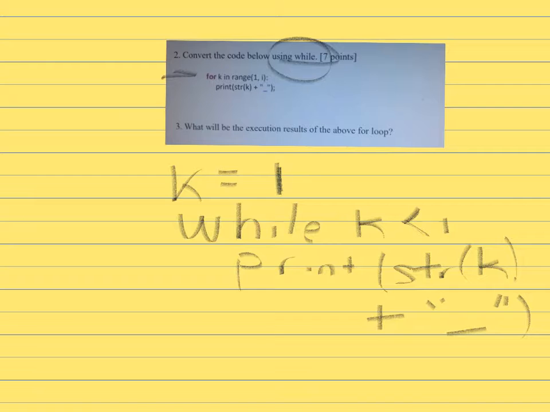So we'll say k equals k plus 1. And this while loop, forgot the colon, will equate to the for command.